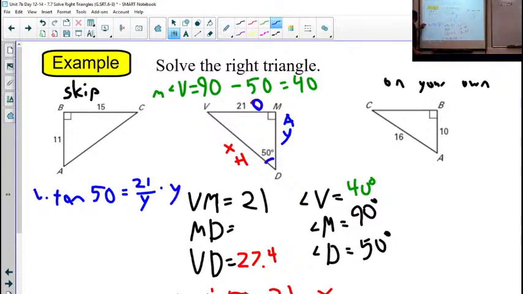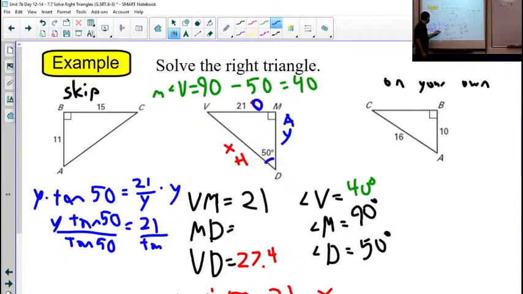Multiply to get rid of the fraction. Y's cancel here. We have 21. That was what we wanted. Y times the tangent of 50. Tangent of 50 is still just a number, so we're going to divide to get rid of the multiplying. So 21 over tangent of 50. And if you put that in the calculator and round it, you should get 17.6.